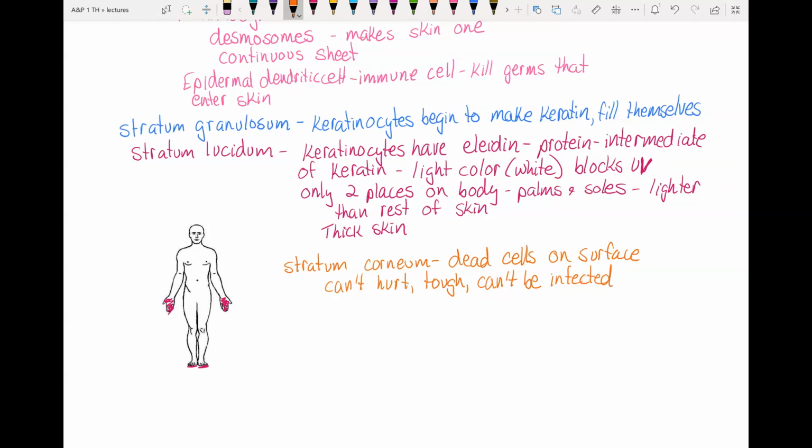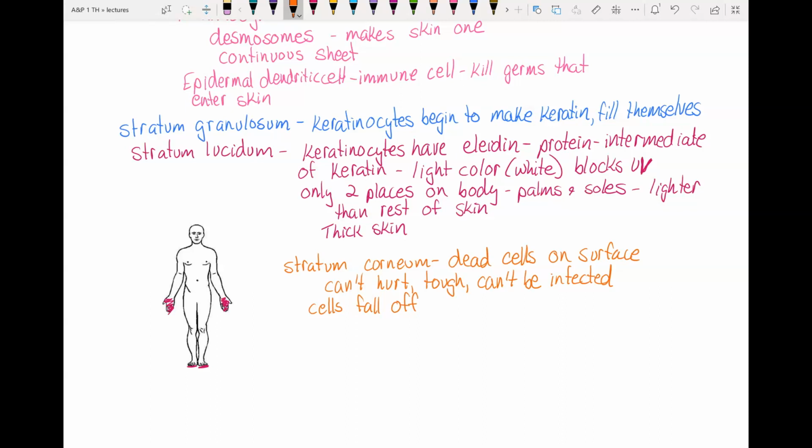And the cells on the surface constantly fall off. That makes it somewhat self-cleaning because when they fall off, whatever dirt and germs are on there fall off with them. And think about if you've ever had a burn or a blister that tore open.